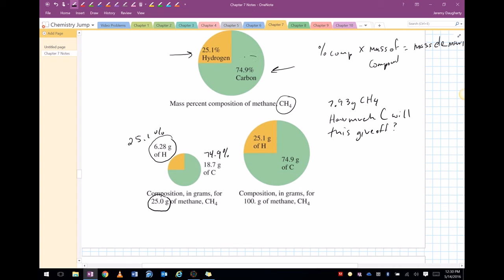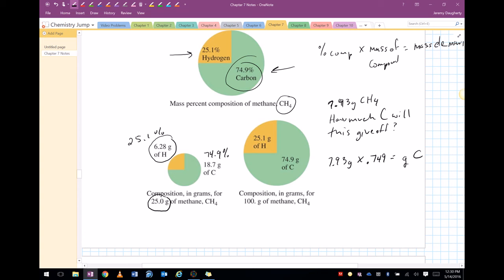Well, it's 74.9% carbon, and if this is the only source of carbon, then I take my 7.93 grams times 0.749, and that gives me my grams of carbon.